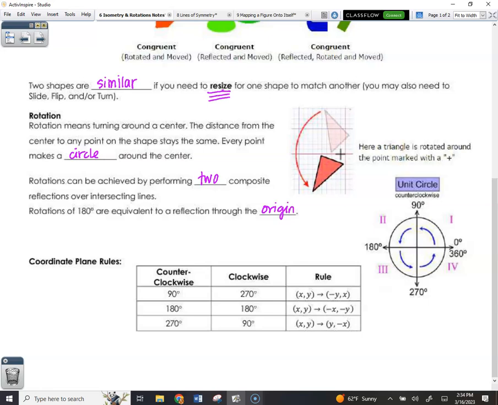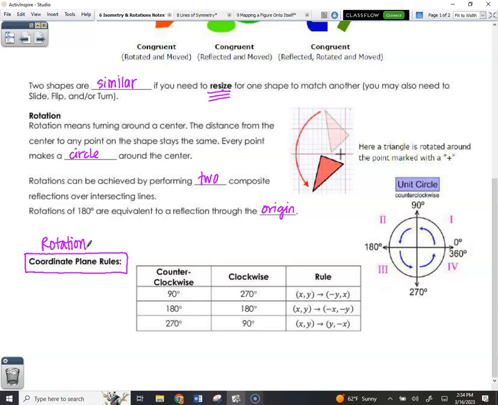I did put on here a nice, beautiful little chart with your rotation rules, and you will notice this chart covers both clockwise and counterclockwise, which is nice because you can see that the clockwise rule is the same as the counterclockwise rule, depending on degree.